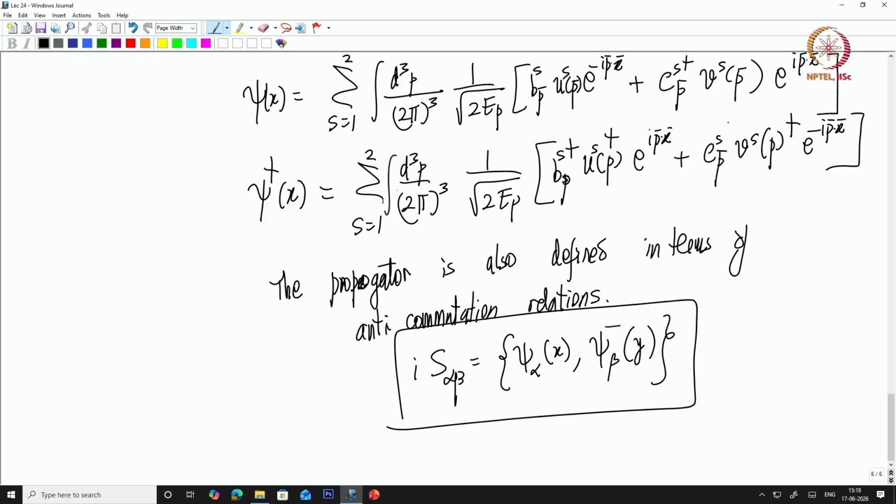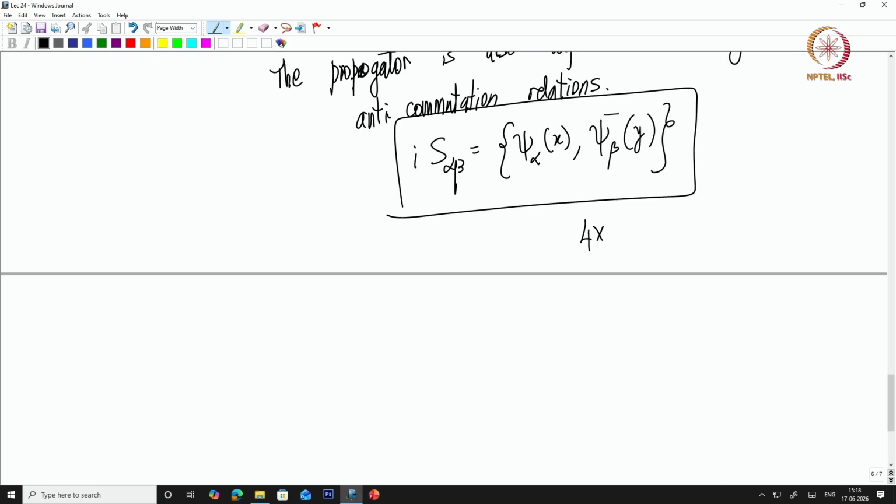So the propagator, okay, we'll come to the Feynman propagator coming on essentially. Okay. Now, the moment you see this, you know that this is a 4 by 4 matrix, because it is psi, which is a column, and then you have psi dagger, which is a row.